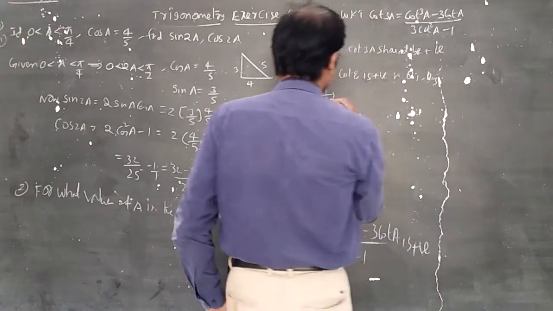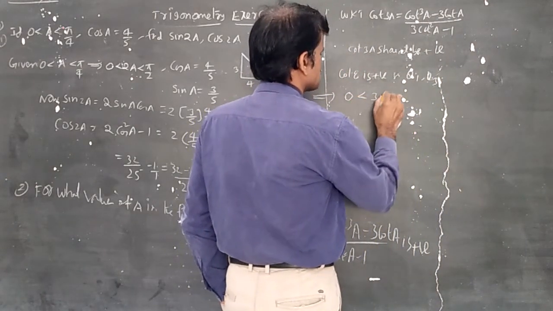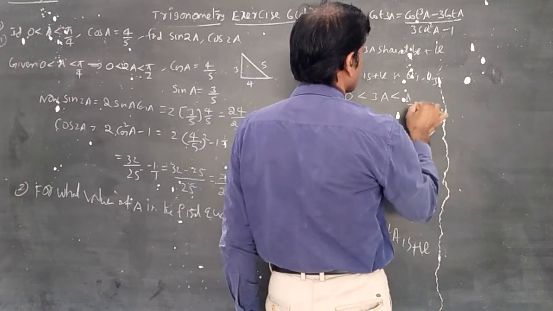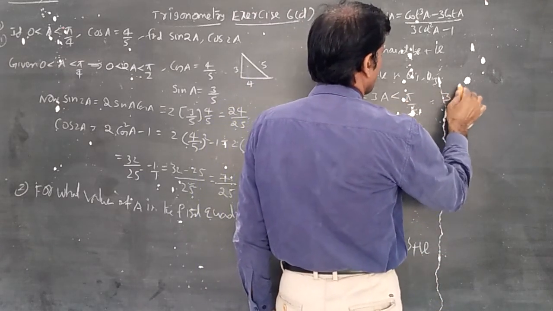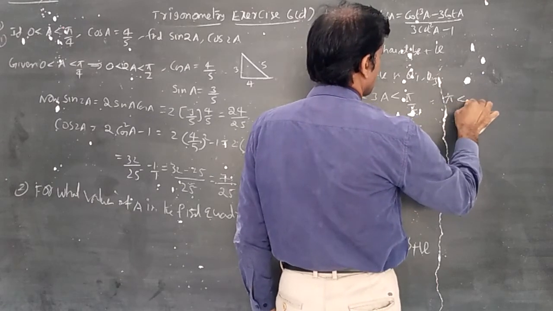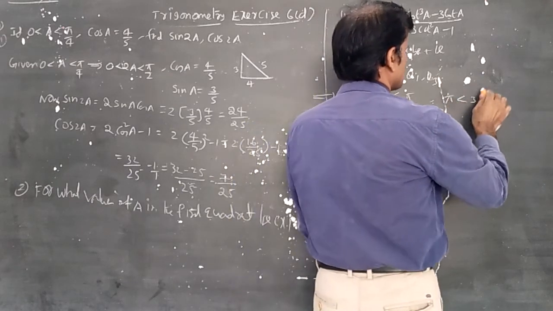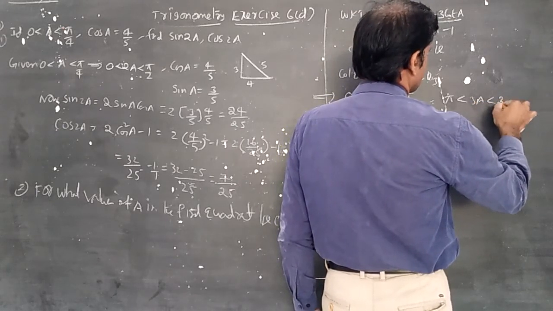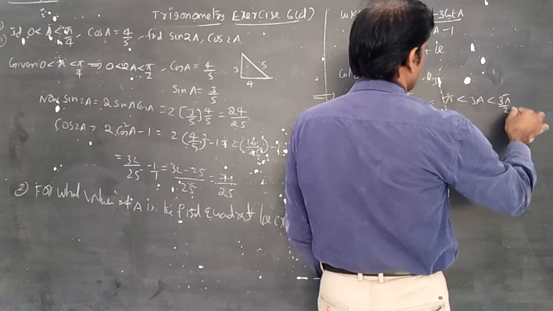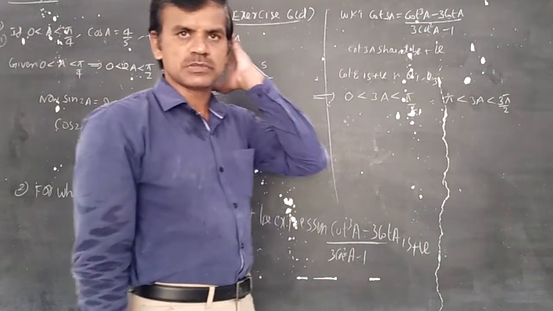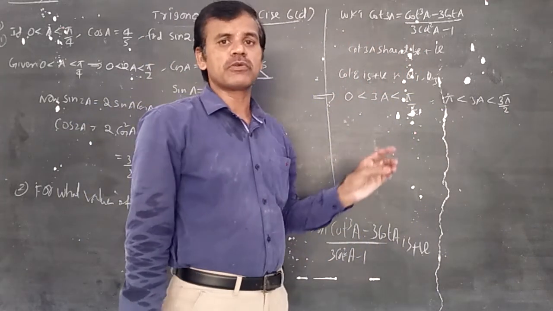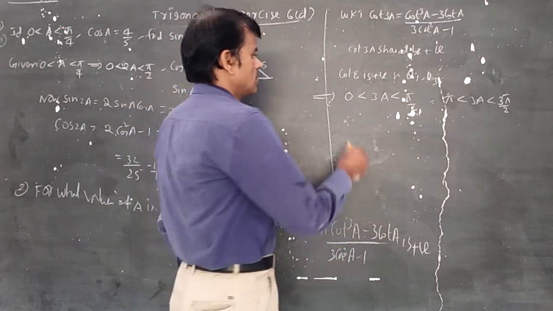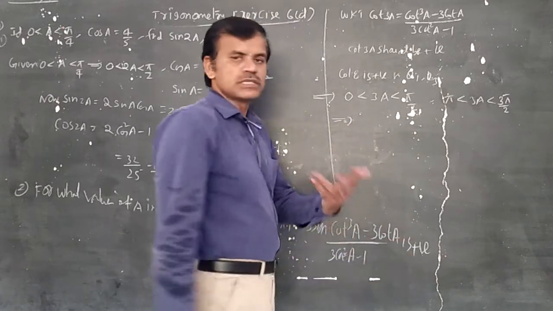That implies 0 less than 3A less than pi by 2, pi by 2 meaning first quadrant, or pi less than 3A less than 3 pi by 2, meaning 270. Between 180 and 270 this is positive, and between 0 and 90 degrees also this is positive.